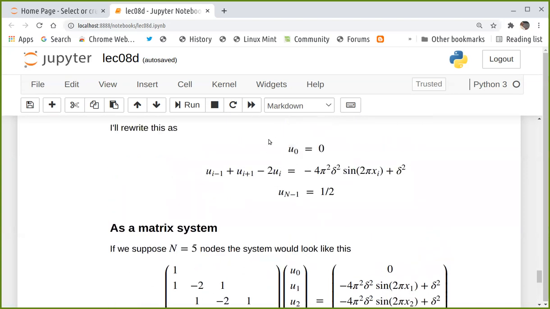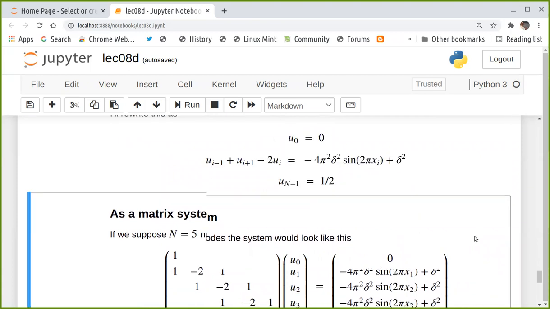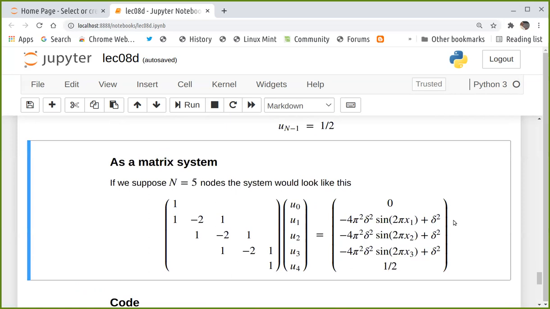So I've just turned this system into a matrix vector Ax equals b kind of linear algebra problem. So once again, I'm going to use A for the big square matrix, and then I'm going to use b for the column vector on the right-hand side.